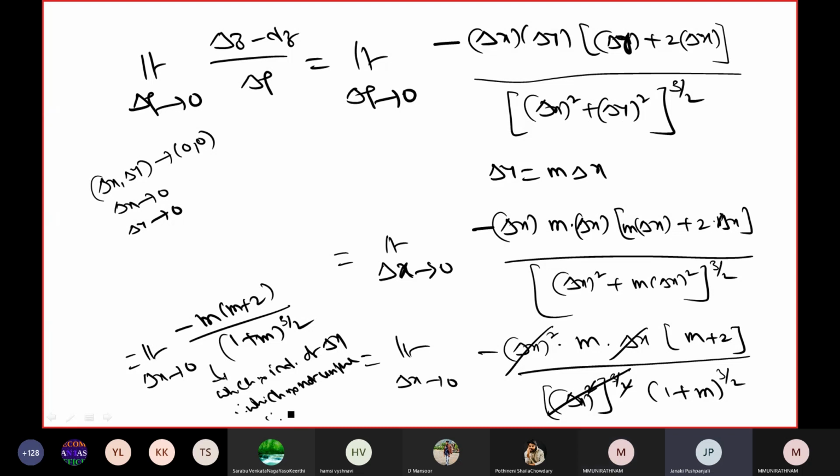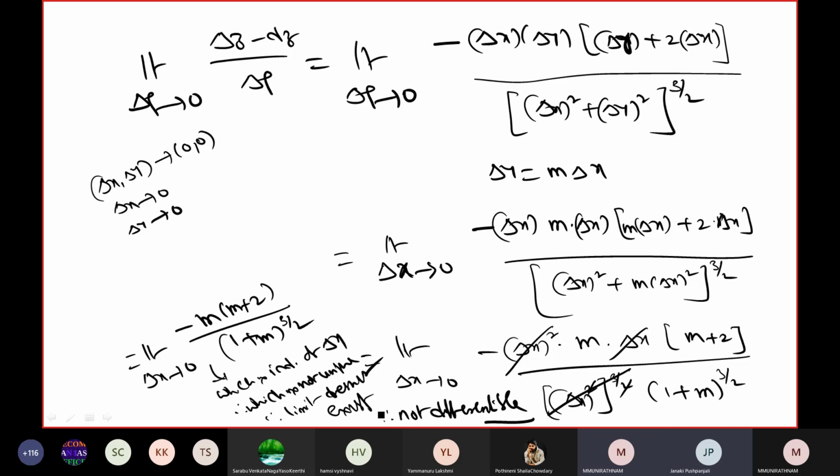Therefore, limit does not exist. Therefore, not differentiable.